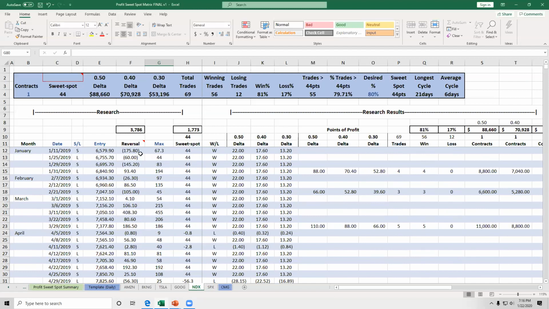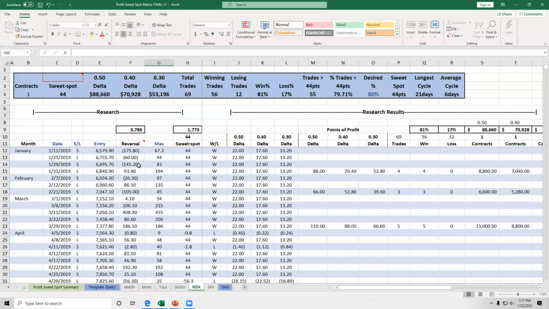You've got to have very strong emotional stamina and be very wise about managing your capital. So I'm just going to go back to January of last year. Holding for the full reversal, the first 3 trades would have been losses of 175 points, 60 points, and another 145 points.